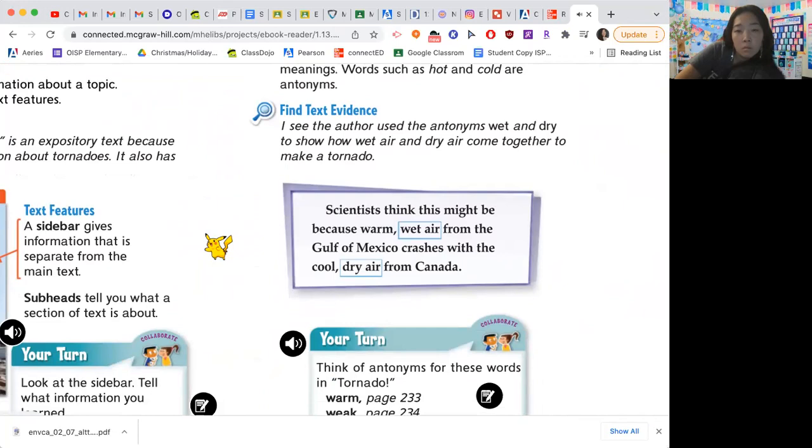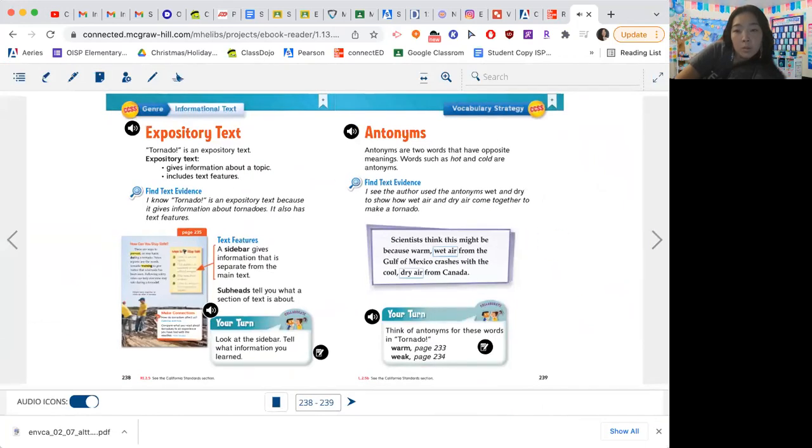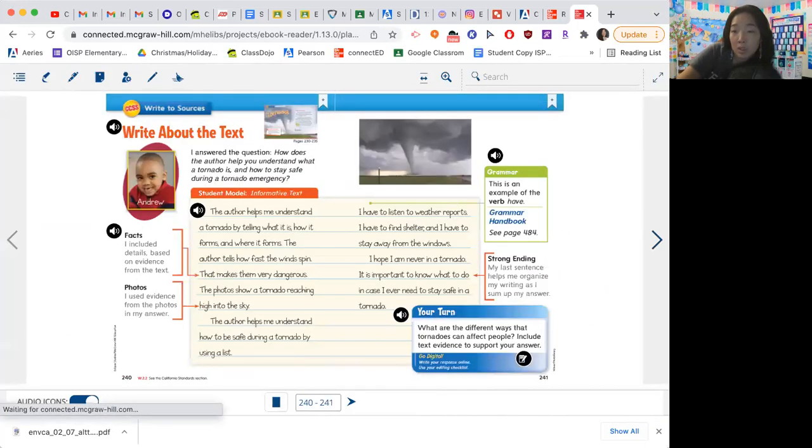Scientists think this might be because warm, wet air from the Gulf of Mexico crashes with the cool, dry air from Canada. So antonyms are opposite words like light and dark, hot and cold, night and day, up and down.